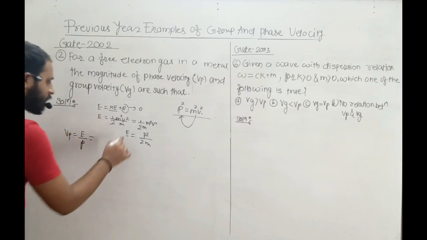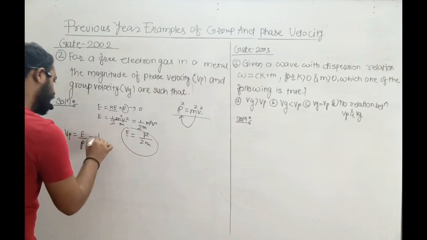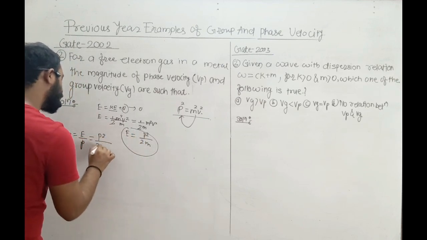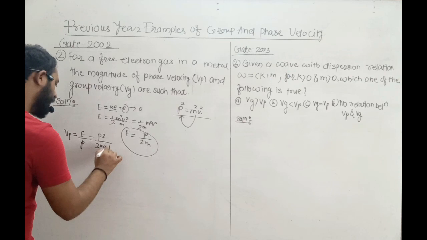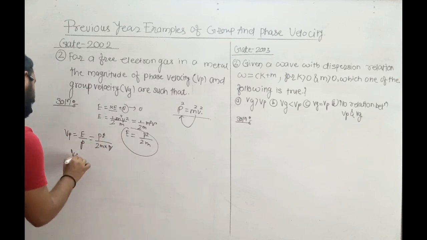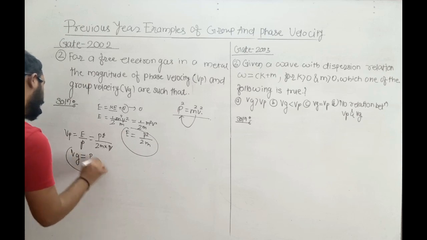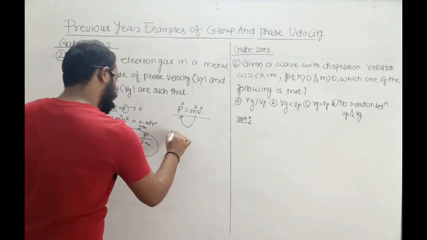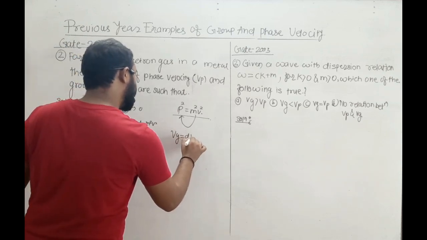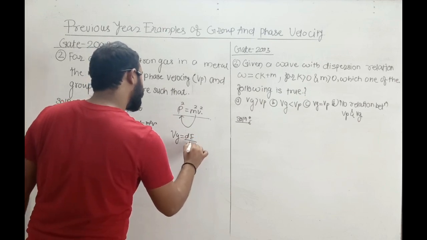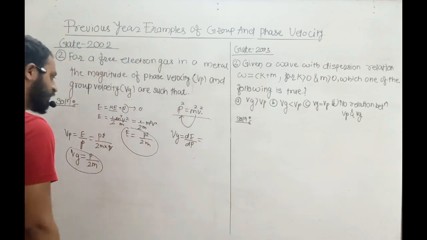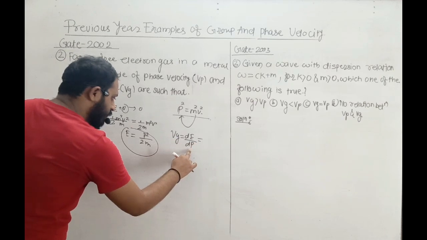Now you have E as p square by 2m, into p. P gets cancelled. Therefore Vp equals p by 2m. Then what is the Vg? Vg equals dE by dp. This is the second formula, that is, you have to differentiate E with respect to p.